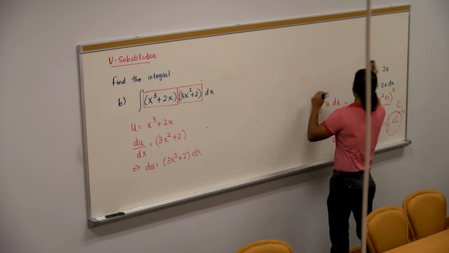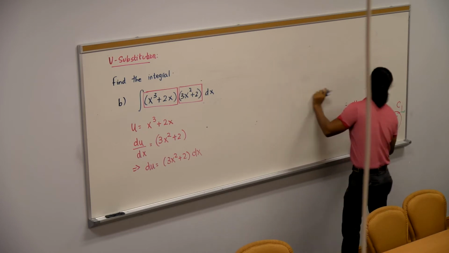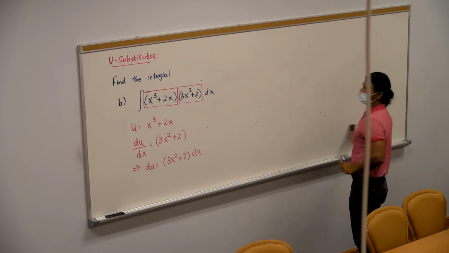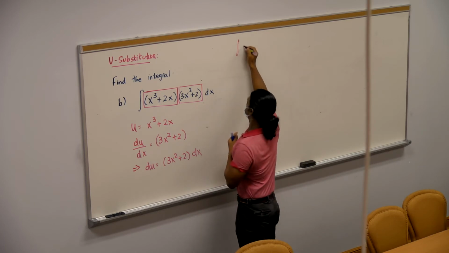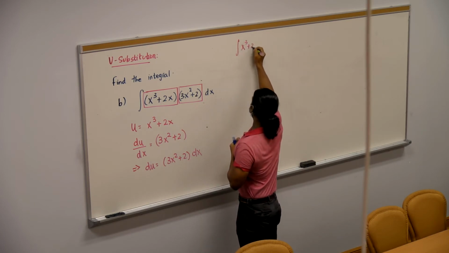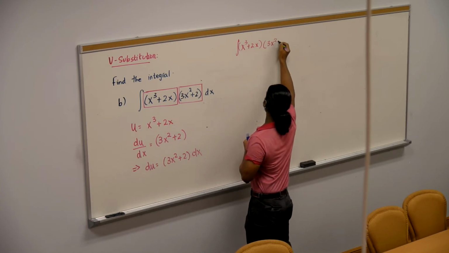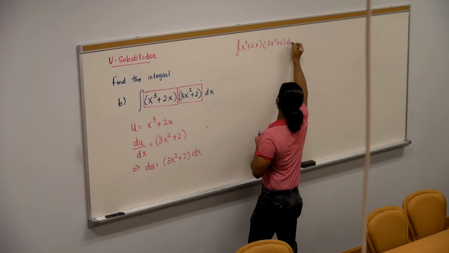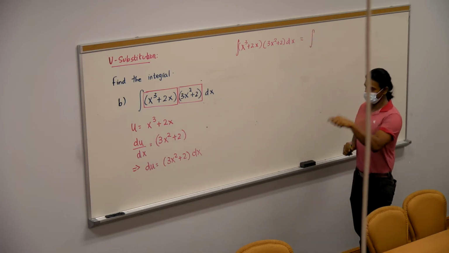And the next step is where I rewrite the integral. So the original integral that was in terms of x now can be written in terms of u.